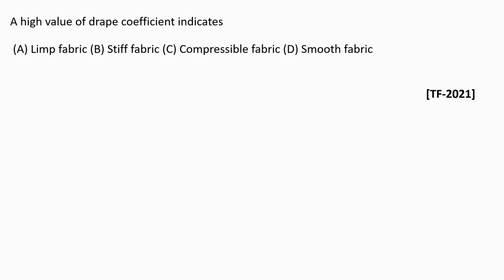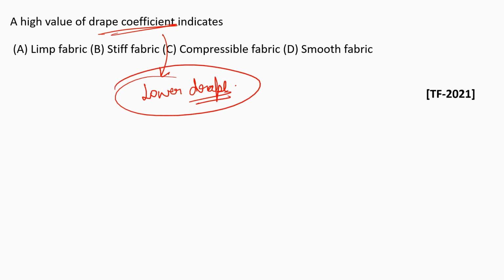So basically high drape coefficient means lower drape value. If the fabric has a high drape coefficient, it means lower drape, so it will not hang well, so it means the fabric is stiff. So high value of drape coefficient indicates stiff fabric. Option B is the correct answer.